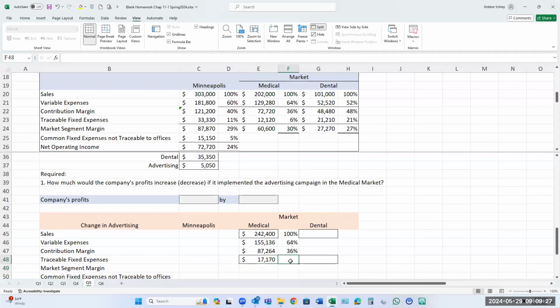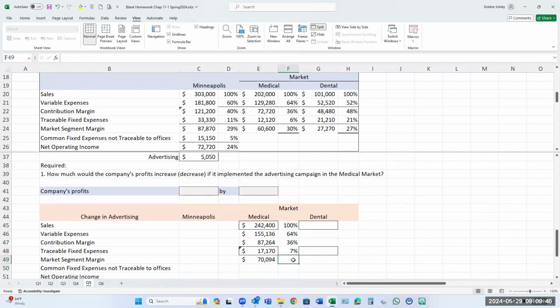So that obviously is going to change that ratio. So we need to take the new expense divided by the new sales. And so that changed to 7%. And then my market segment margin would be the contribution margin minus the traceable fixed. That divided by total sales equals my new ratio.